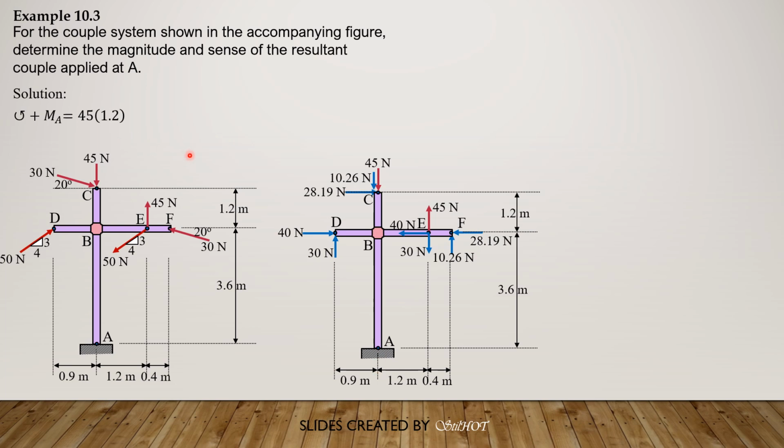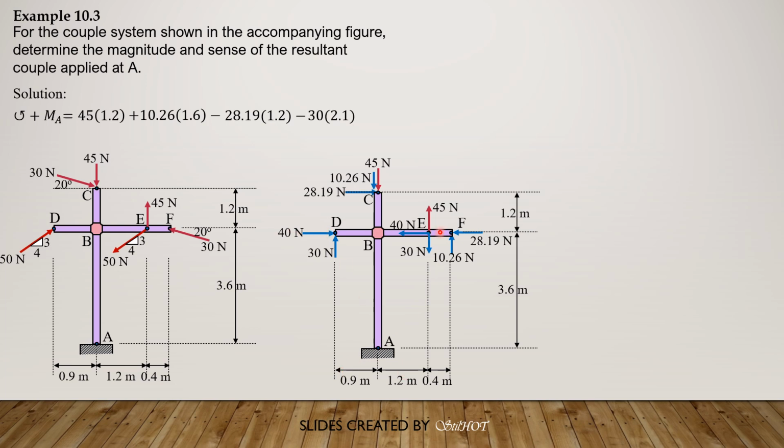So the sense and magnitude of the couple are not affected by the choice of the point. So it's the same. 45 times 1.2, then this 10.26 is counterclockwise, so 10.26 times distance 1.6, then 28.19 is clockwise, so minus 28.19 times 1.2. Then finally, minus 30 clockwise times 0.9 plus 1.2, which is 2.1.